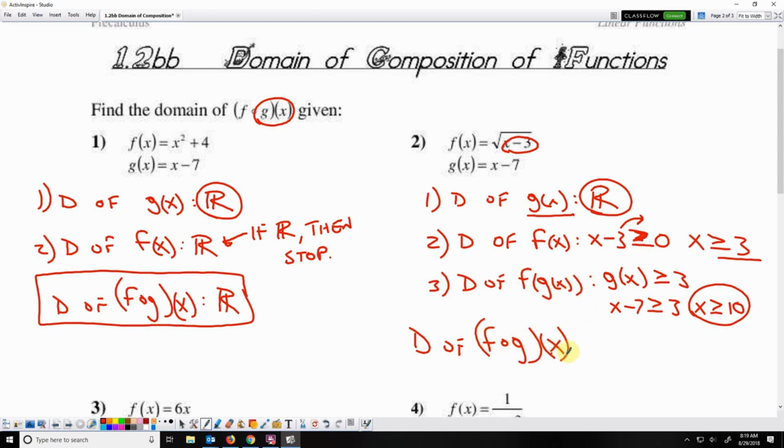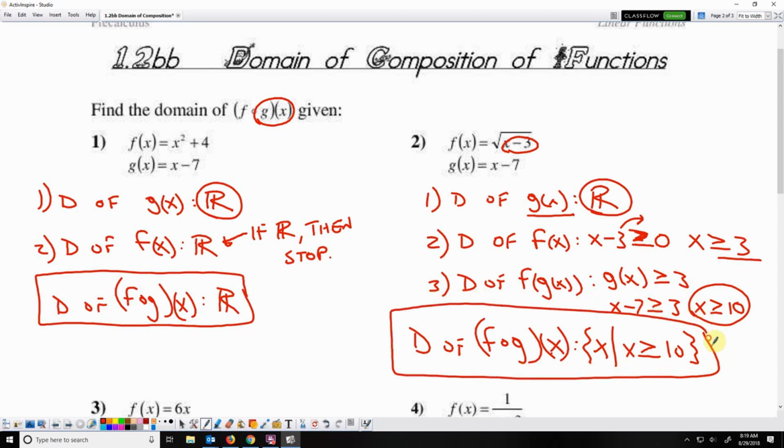This is just a more formal way of writing it. Is the set of all x, which is reals, so our step 1 is covered here, such that x is greater than or equal to 10. So the set of all x takes care of reals, and x is greater than or equal to 10. We've got the inner function and the composition covered in our domain.